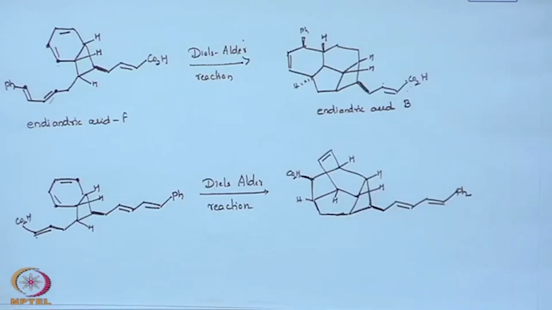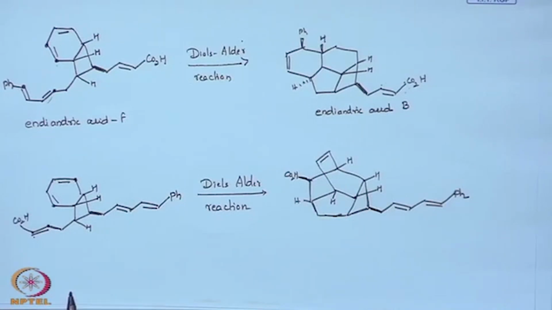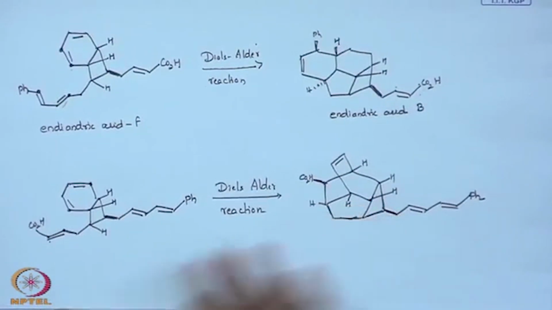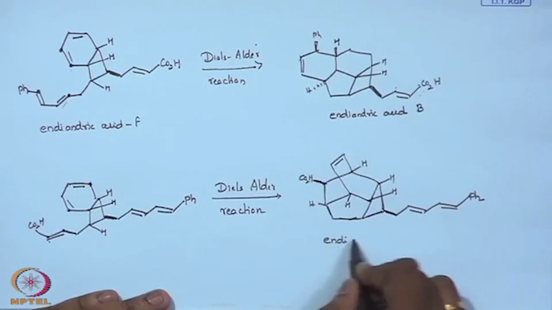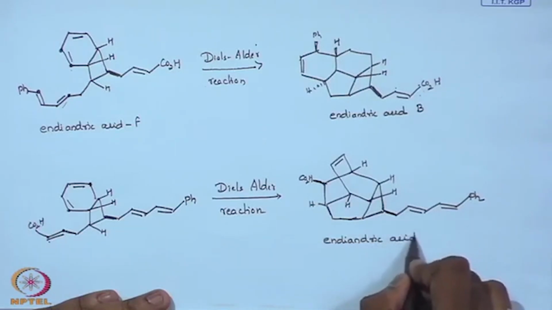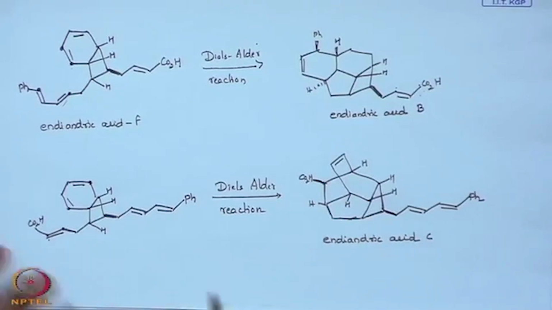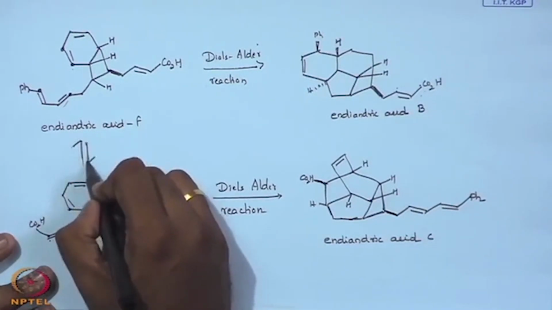Okay, you can draw the structure like this if you want to do the Diels-Alder reaction of this one. Clear? So this is called endiandric acid C. Again, you can always reverse this part.